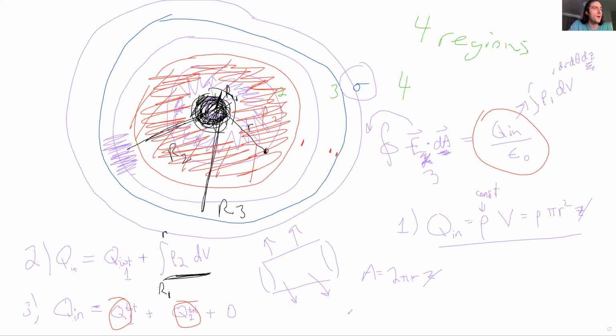So for region 4, we have to find the total amount of charge in region 4. So it's going to be the total for 1 plus the total for 2 plus the total for the final cylinder there, which, oh, we should write that out. Let's not say the total there. How would we find the total?